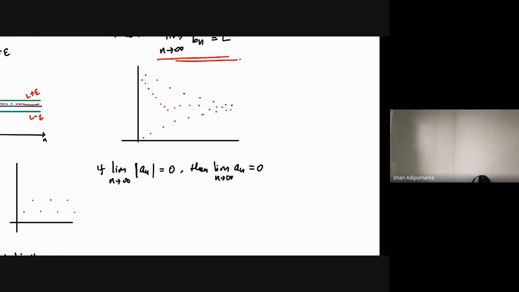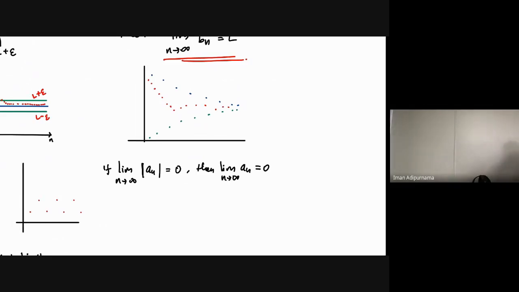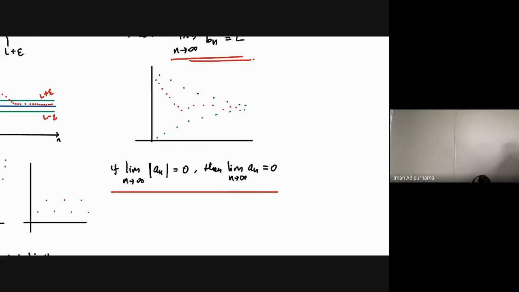This is useful if you find sequences that have negative terms. Okay, we'll give you some examples.